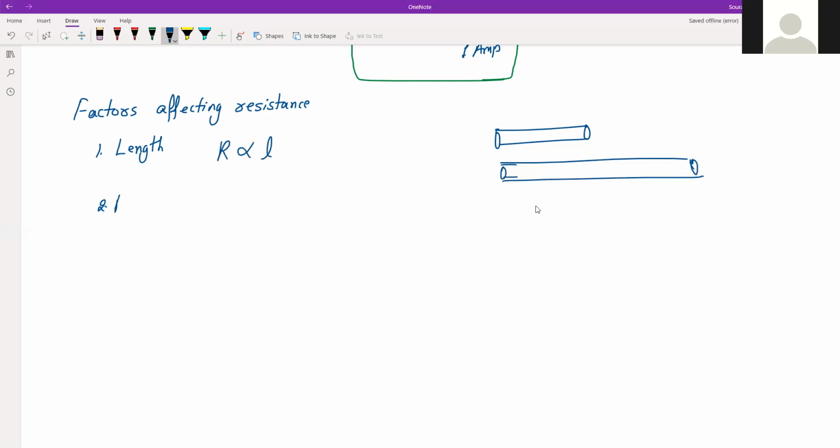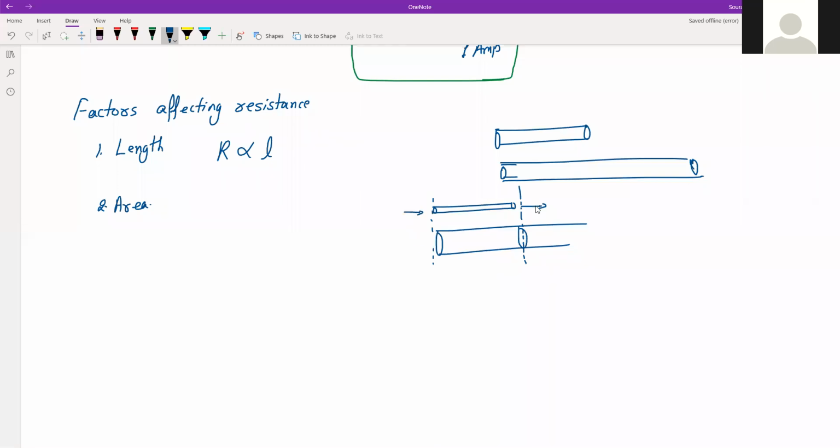And just the opposite in case of area, the area of cross section. So one small or thin conductor like this, and another big conductor like this. Suppose their length is the same. That is, we are interested only in this much length. So from this you can see the electron wants to flow from here to here.